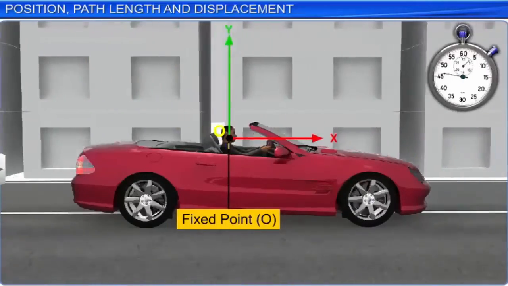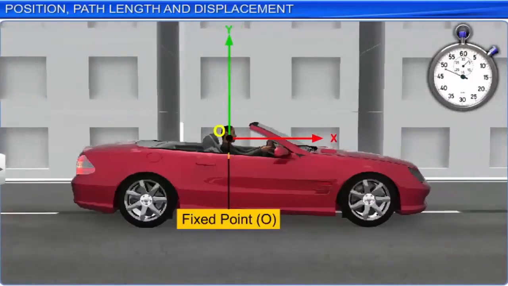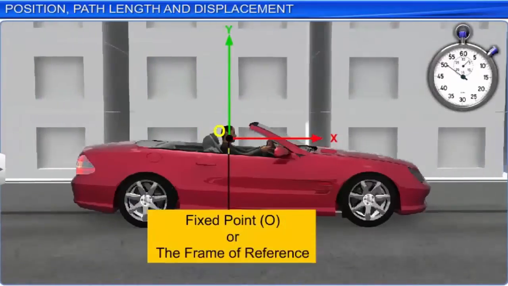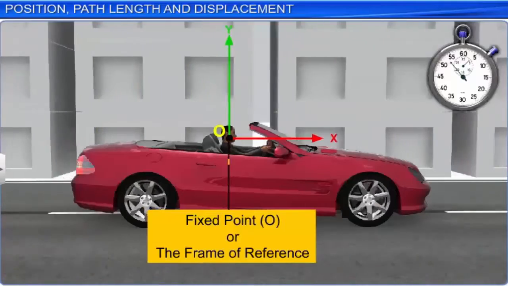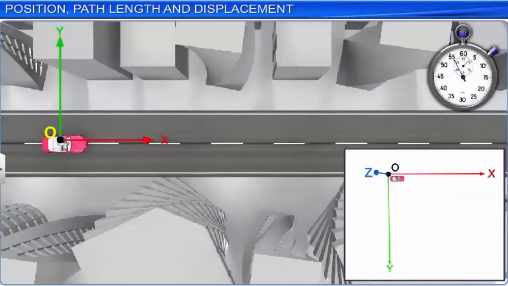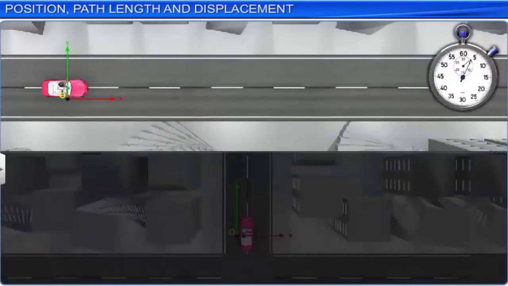If the body has one-dimensional motion, then we consider only one axis of reference. It is either the x-axis or the y-axis. This type of motion in a straight line is known as rectilinear motion.